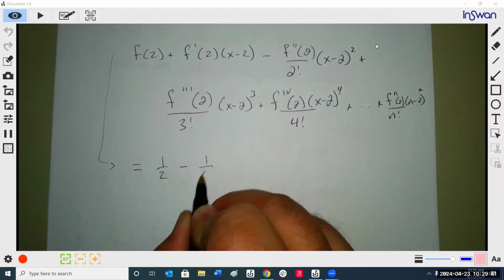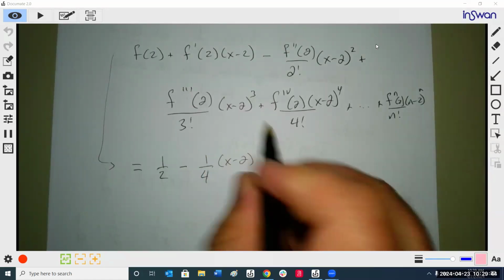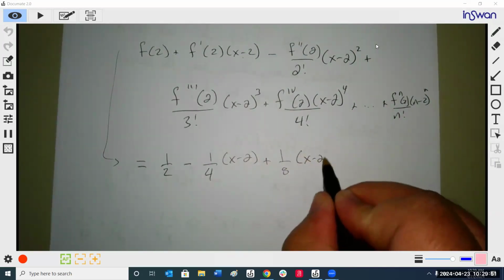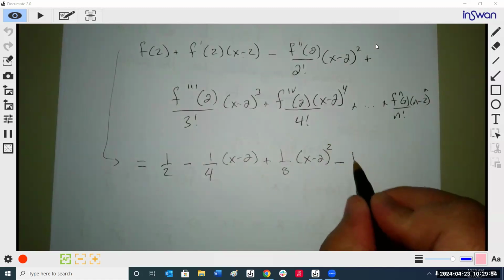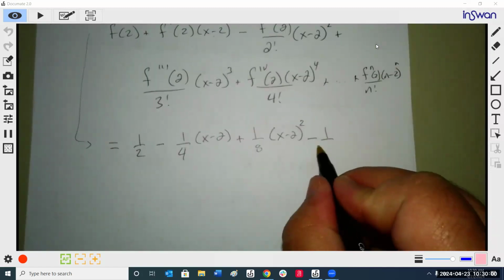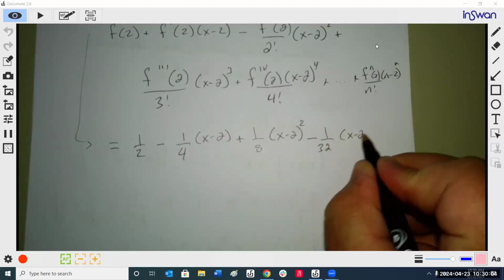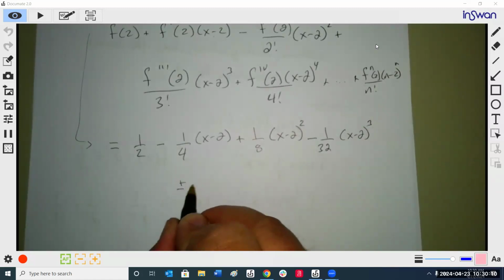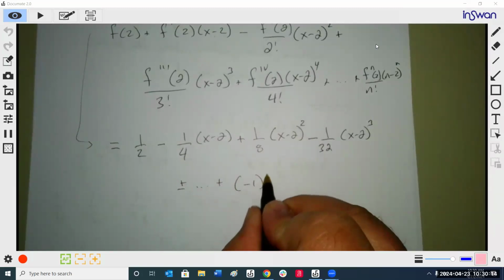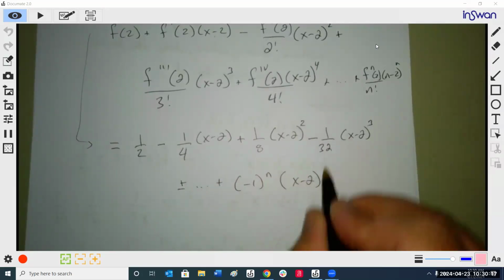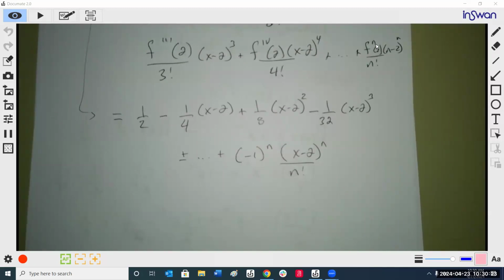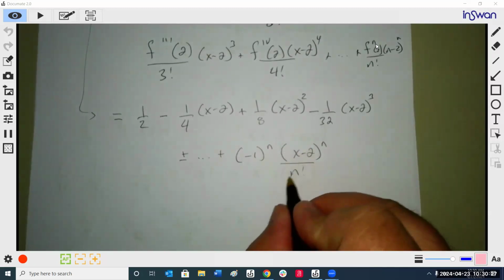So it's 1/2 minus 1/4 x minus 2, plus 1/8 x minus 2 squared, minus 1/32 x minus 2 to the third, plus minus, and the general term is negative 1 to the power n x minus 2 to the power n over, no, sorry, not factorial.